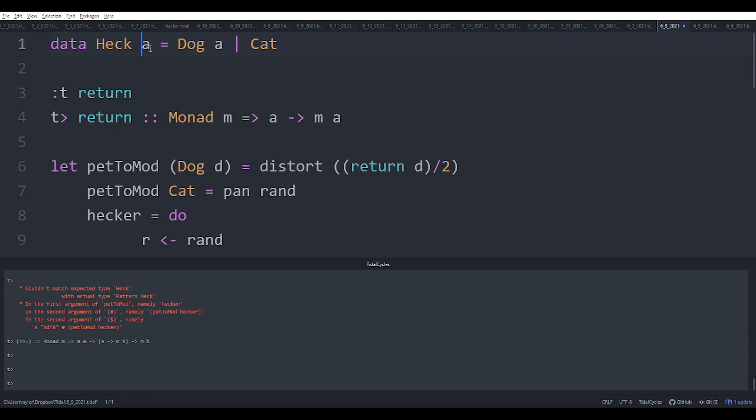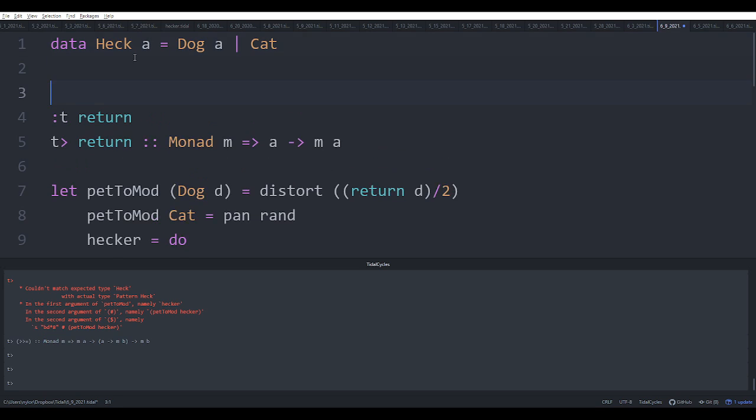So, for example, Hack of double is going to be equal to Dog. Like you can build one, and then the A on this right hand side here means a particular one of those things, right? So this is just giving a name, and then you would supplement it.